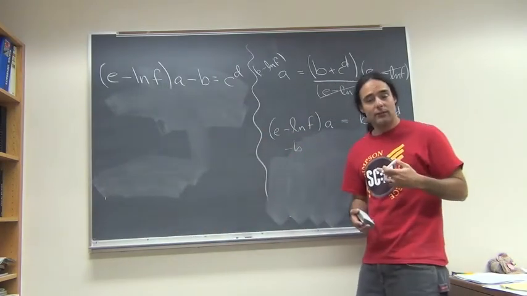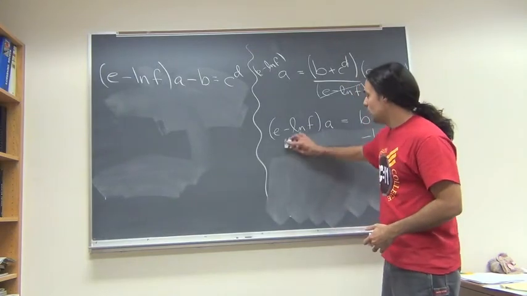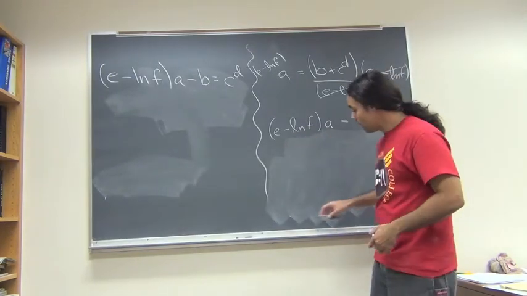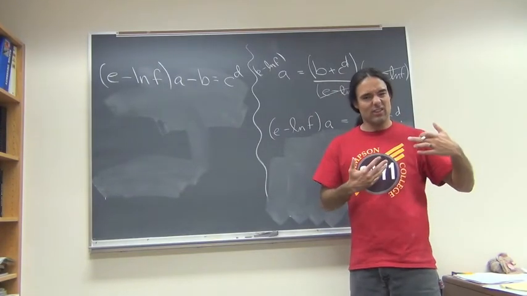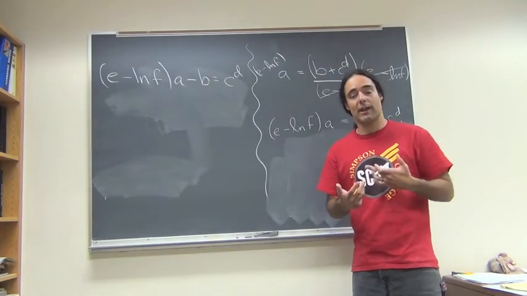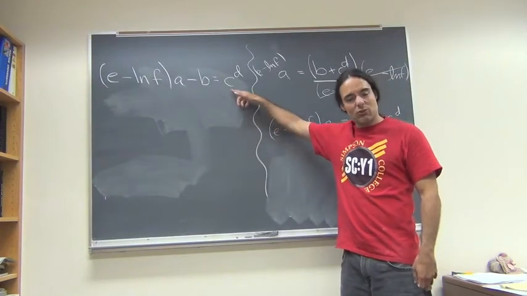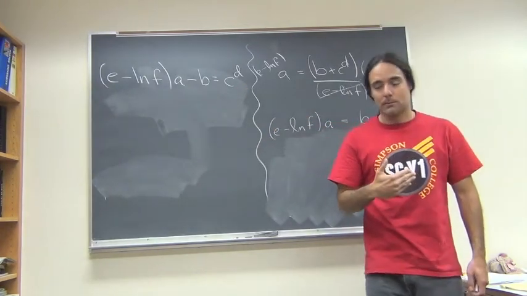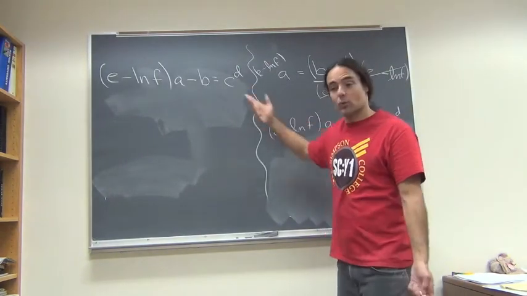Now, people tend to forget rules for exponentiation and logarithms. But it's helpful to think in terms of numbers, right? It's easier to think in terms of numbers rather than just algebraic variables. So how do I get C by myself if it's C raised to the D power? Well, if D was 2, that would be C squared, right?